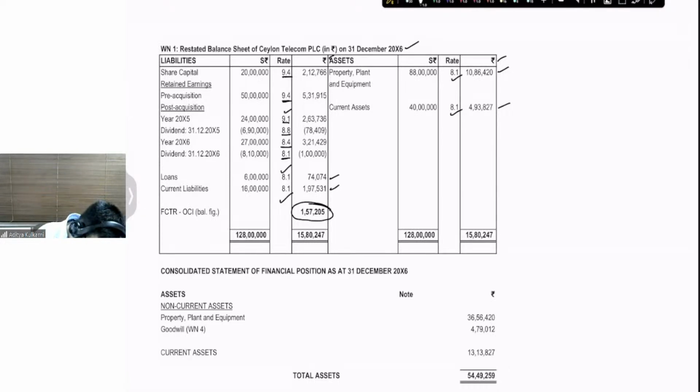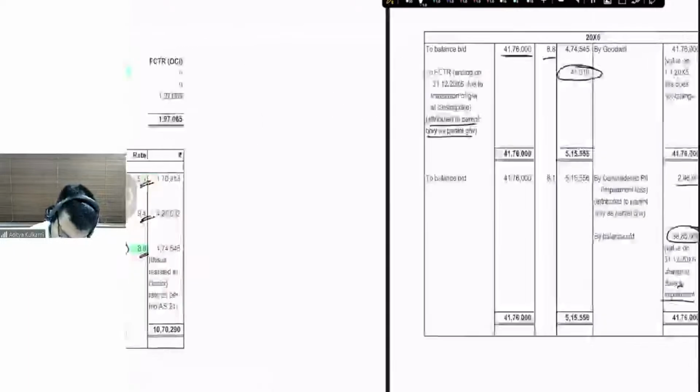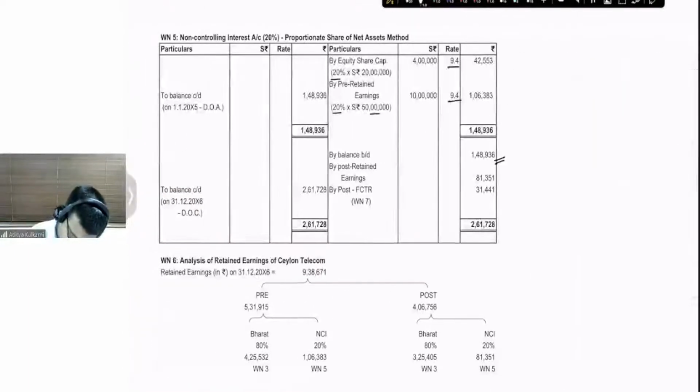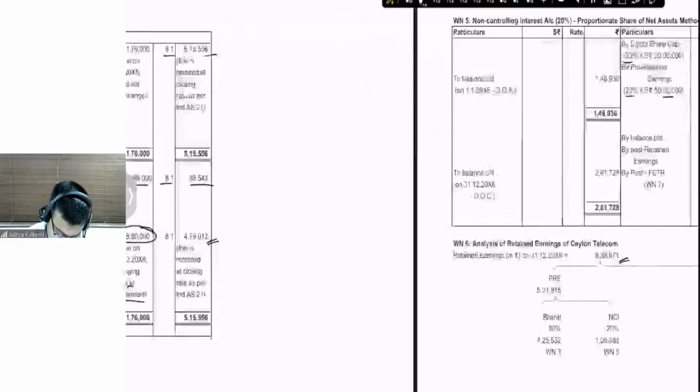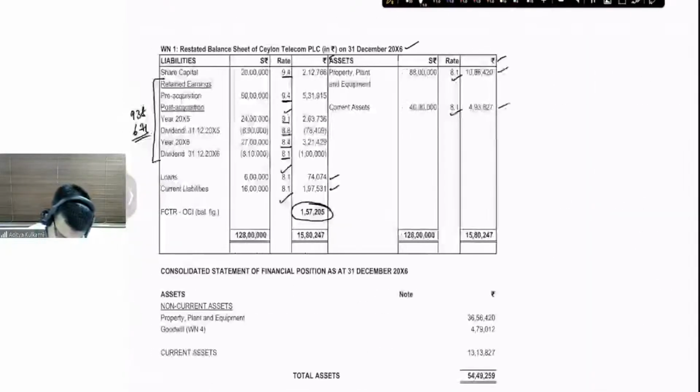It is the total of these items. So this comes to 938,671. That is what I am analyzing here. And this 9,38,671 is divided as 5,31,915 pre-acquisition and balance is post-acquisition.